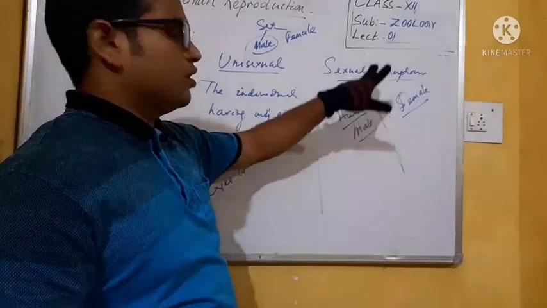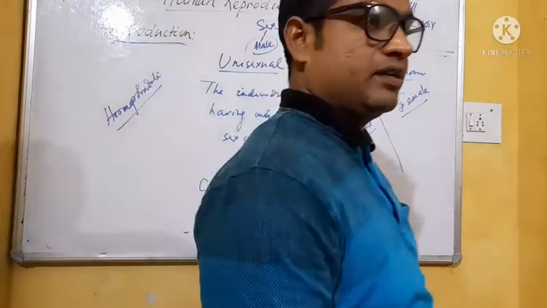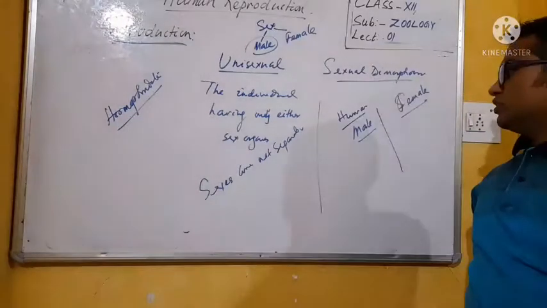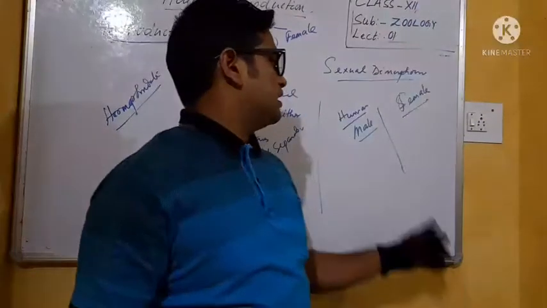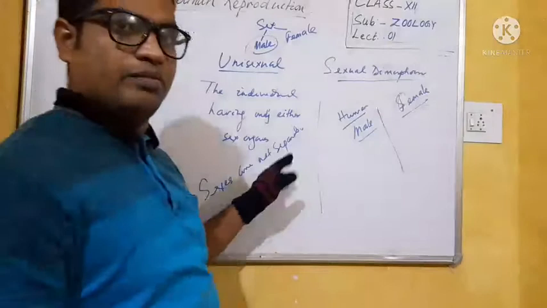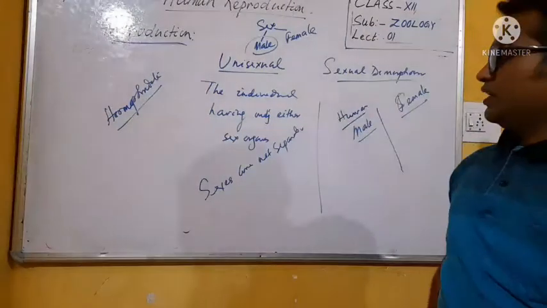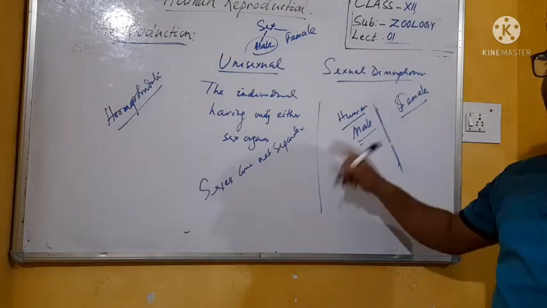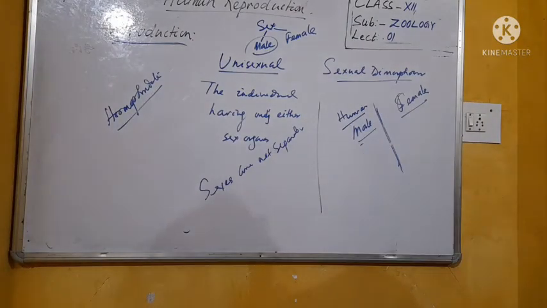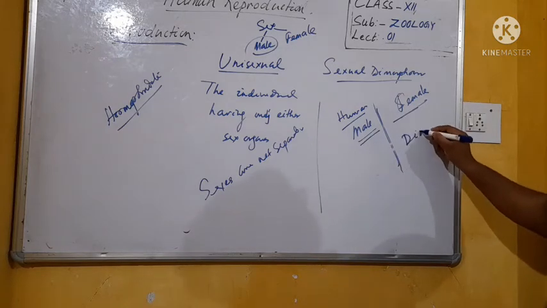Not only the appearance, but also some physiological activities, mental and social, all differ between male and female in human beings. So this type is known as dioecious nature.